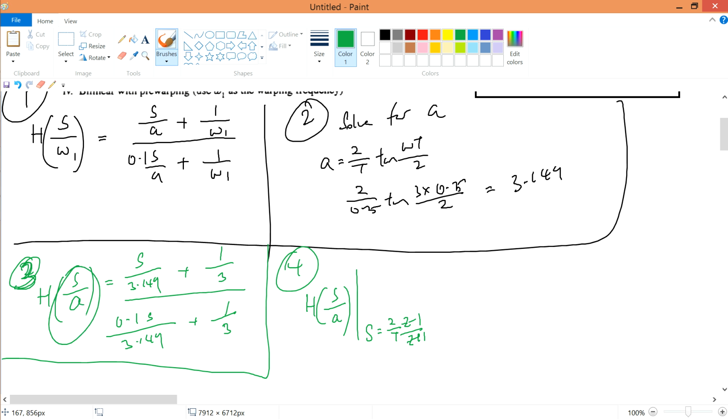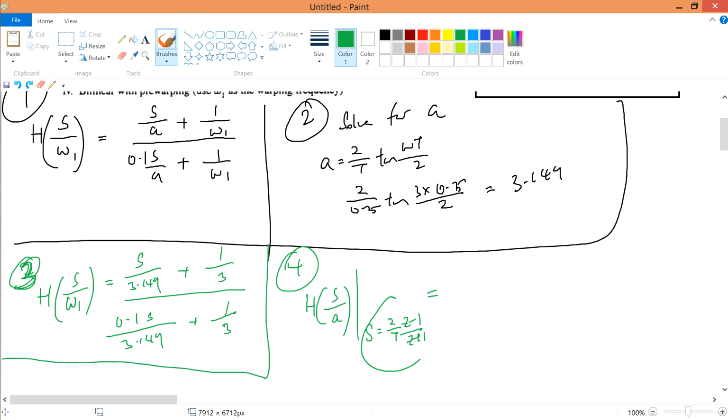At first you just rewrite as this, next when I sub in A, I'll just rewrite as that. You can also rewrite as omega 1, I'll leave you to think about it. But from the paper itself, I see that over here they write H of S over A. This is just some notation, no need to care about it. The key point is still the answer.